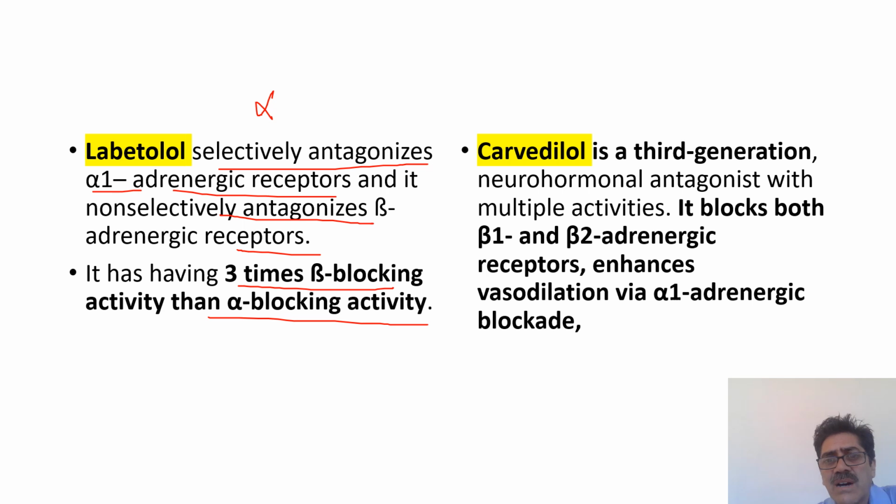And next is carvedilol. It is a third generation antagonist. It blocks both beta 1 as well as beta 2 adrenergic receptors. And thirdly, it enhances vasodilatation via alpha 1 receptor blockade. This is something extra in case of carvedilol.